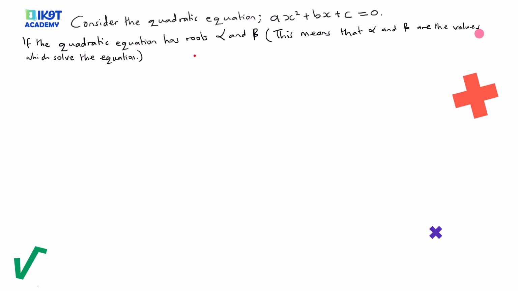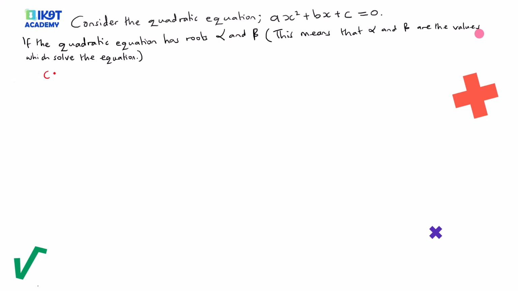So now we have this. Consider a quadratic equation ax squared plus bx plus c is equals to 0. If the quadratic equation has roots alpha and beta, remember, we said that the roots of the quadratic equation are the values of x that solve the equation. So we are assuming that this quadratic equation has roots alpha and beta.